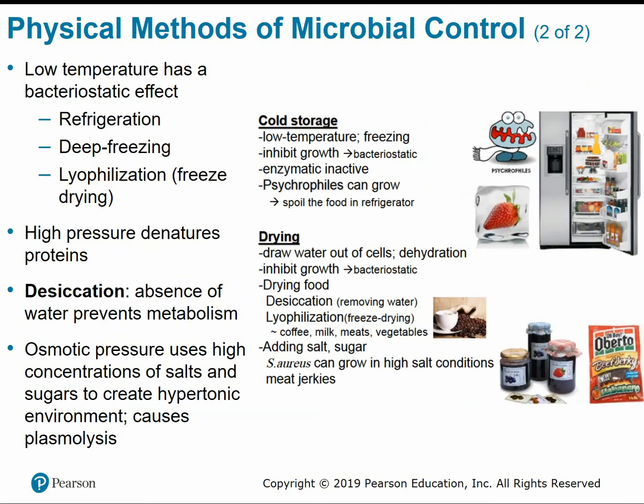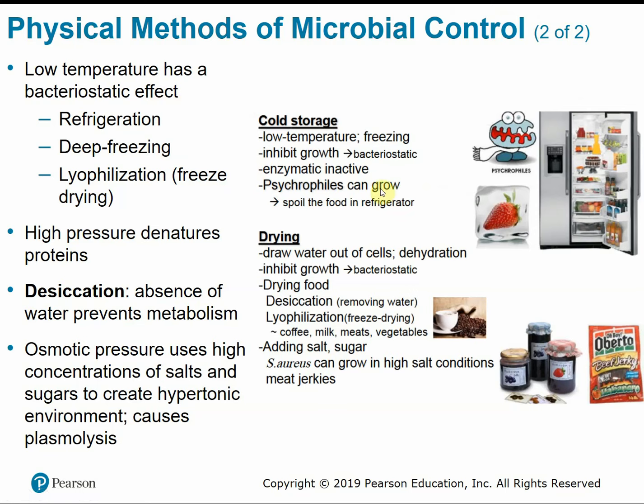Just as heat was a physical method of microbial control, low temperatures and freezing can be another method. However, whereas heat had more of a bactericidal or bacterial killing effect, low temperature is primarily a bacteriostatic effect. So your standard refrigeration, deep freezing, and freeze drying.